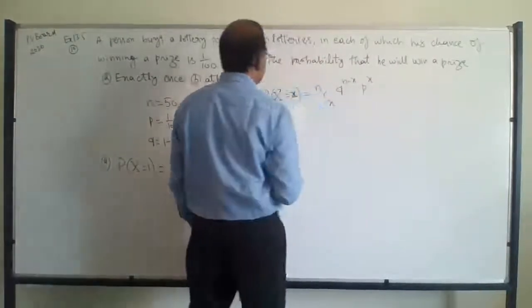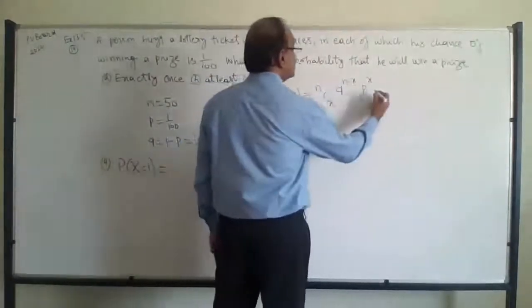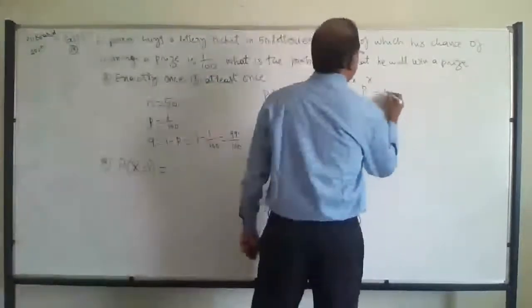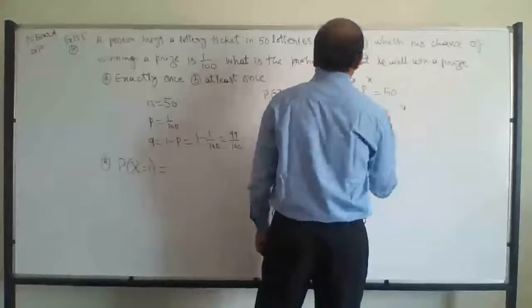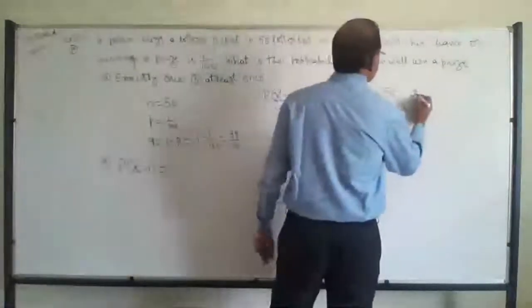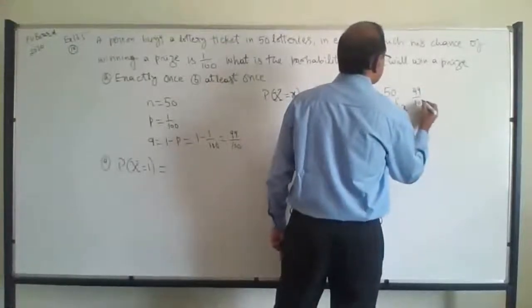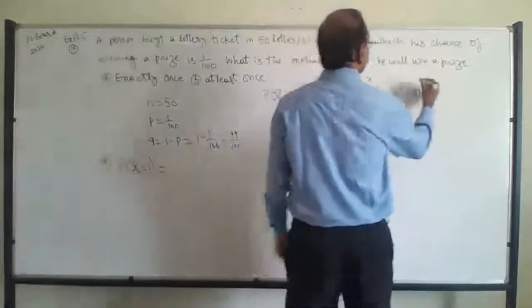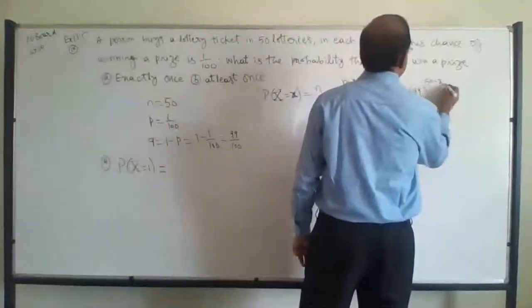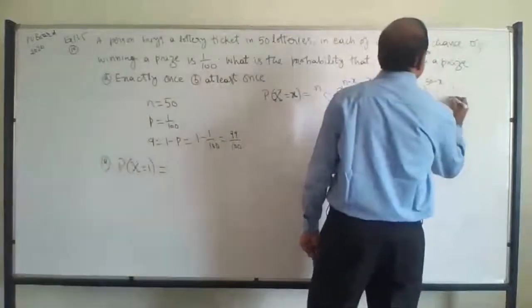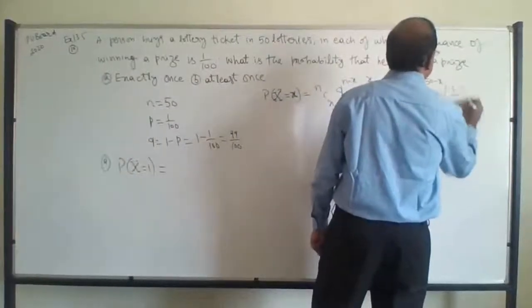Here I can substitute the values: n is 50, so 50Cx, q is 99 by 100 whole to the power n minus x, that is 50 minus x, into p, which is 1 by 100 whole to the power x.